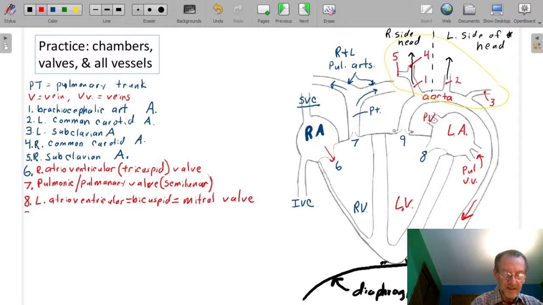And the last valve is the aortic valve. This is also sometimes referred to as the left semilunar valve.